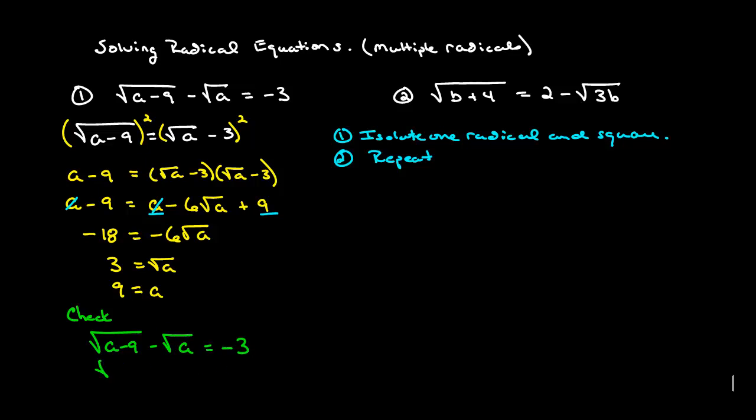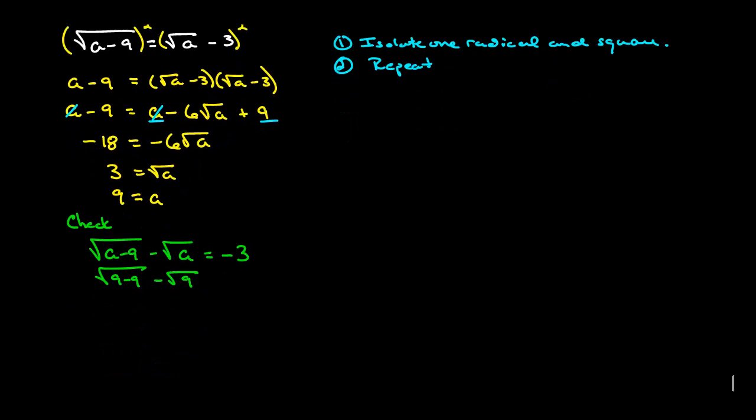So this gives me the square root of 9 minus 9 minus the square root of 9. So this is 0 minus 3, and that gives me negative 3, and it checks. So this is our solution.